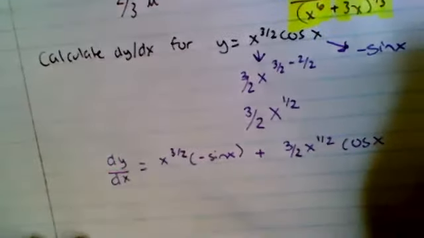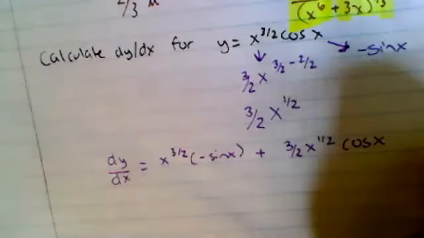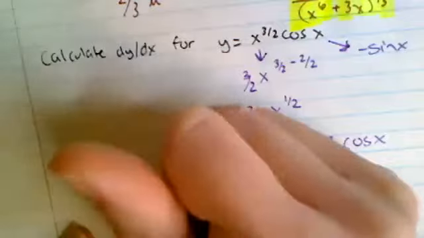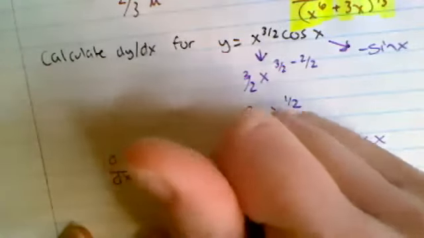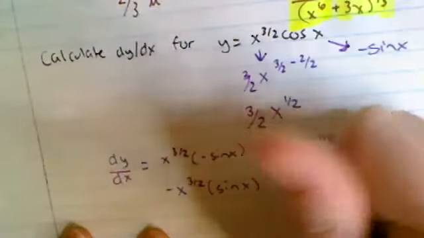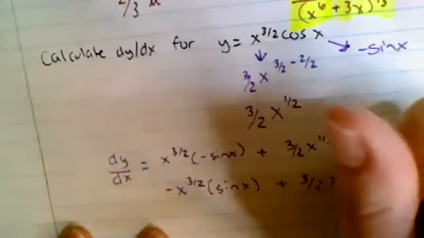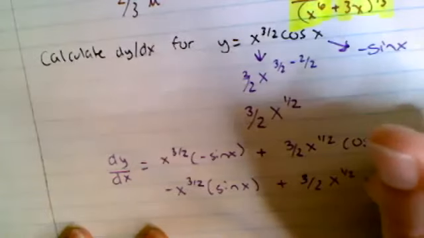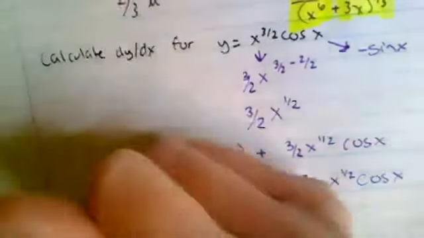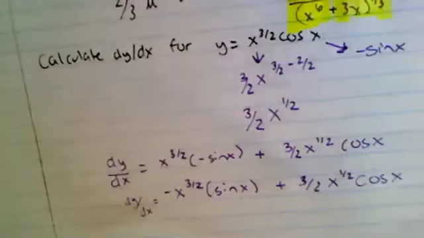Then we can clean this up a little bit. Negative x to the 3/2 power times sine x, and this one is going to stay the same. If you wanted to, you could put x under the square root, but you can just leave it like that for this one. So dy/dx equals that.